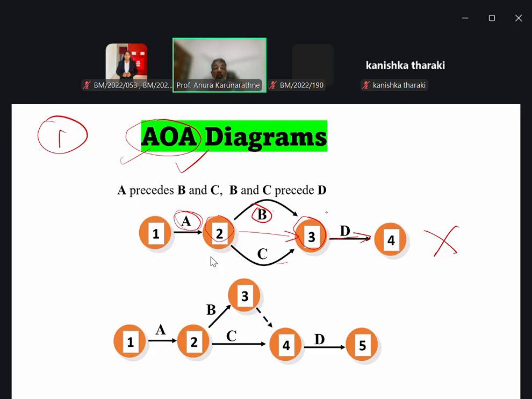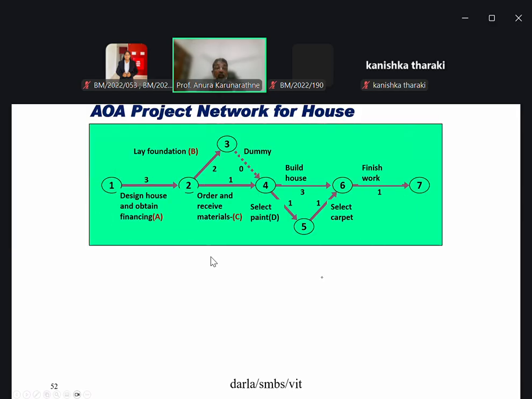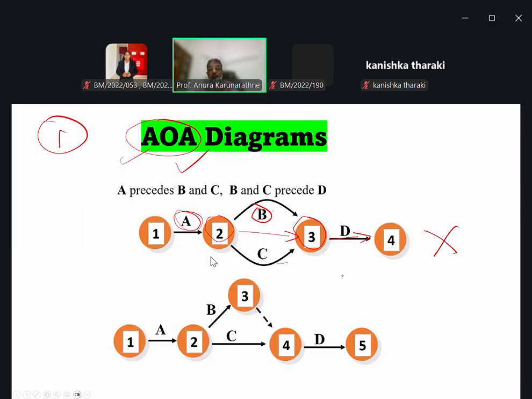That is the error in this method as per the AOA method. Under the AOA method, instead of this issue, you have to use a dummy activity.